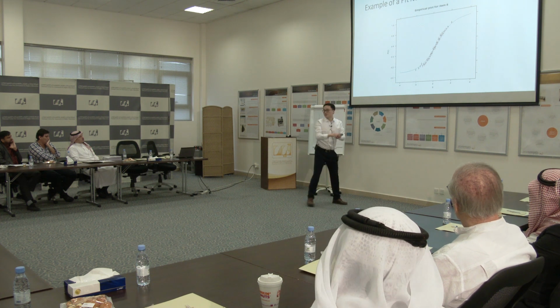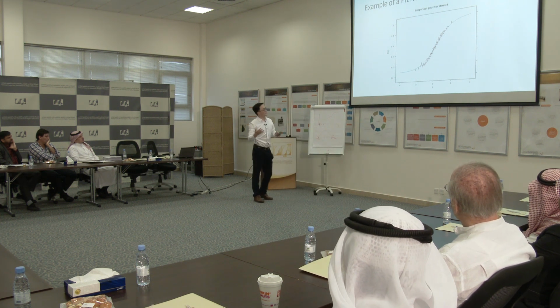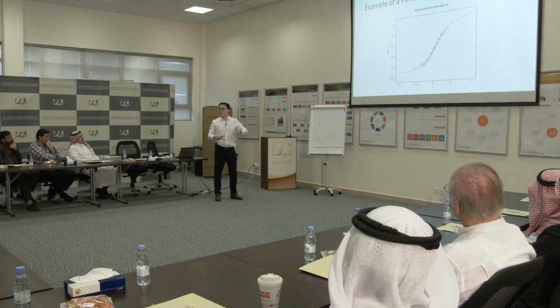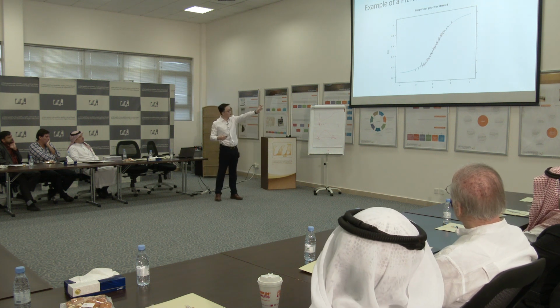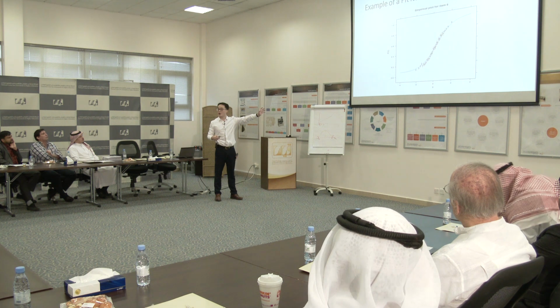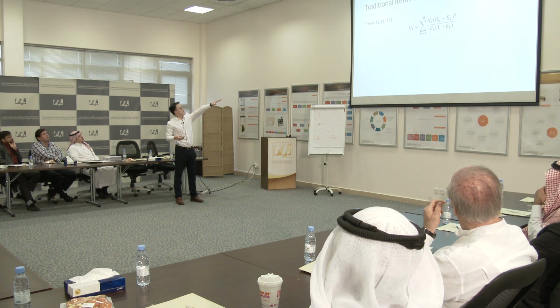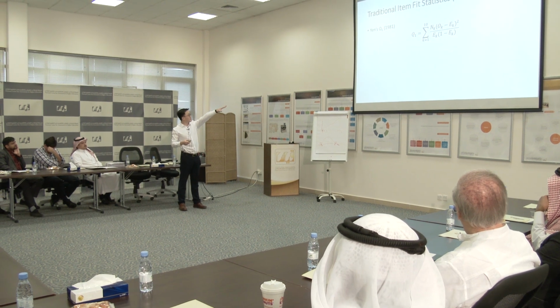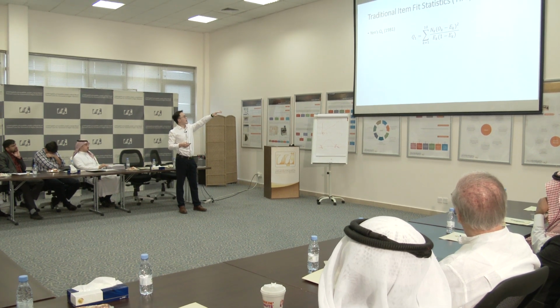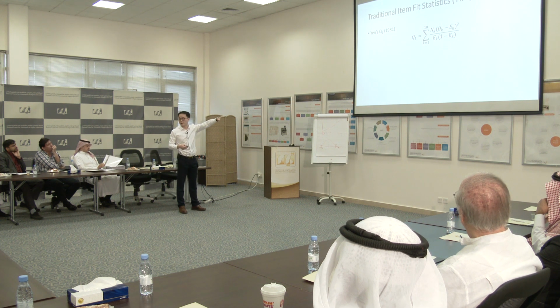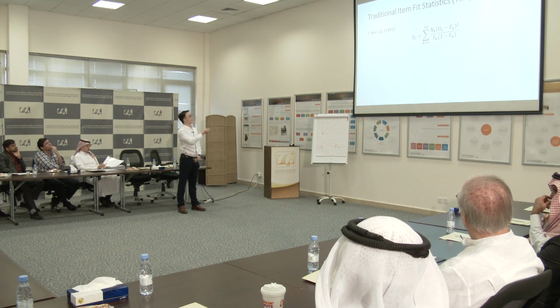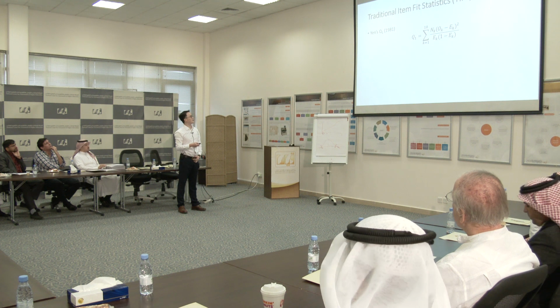Within each interval, you look at the model predicted probability and the empirical proportion, how many of them got it correct, and you sum them up. This statistic is theoretically chi-square distributed. This is Yen's Q1 statistic.